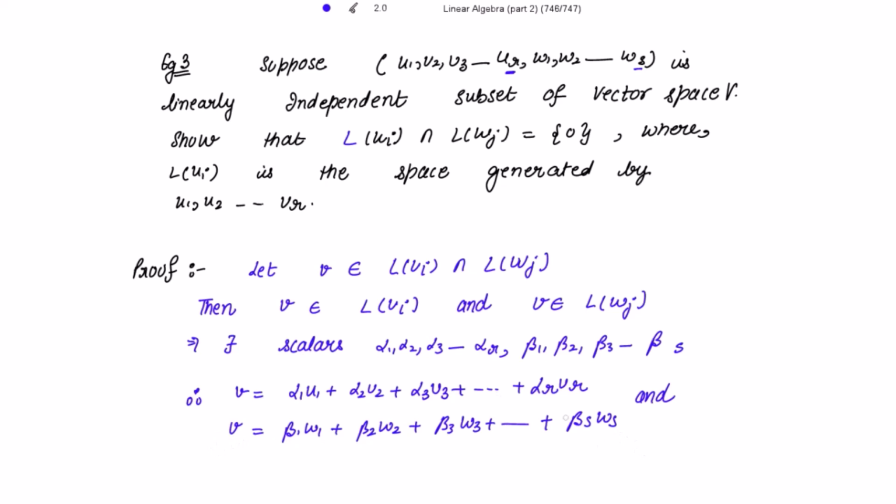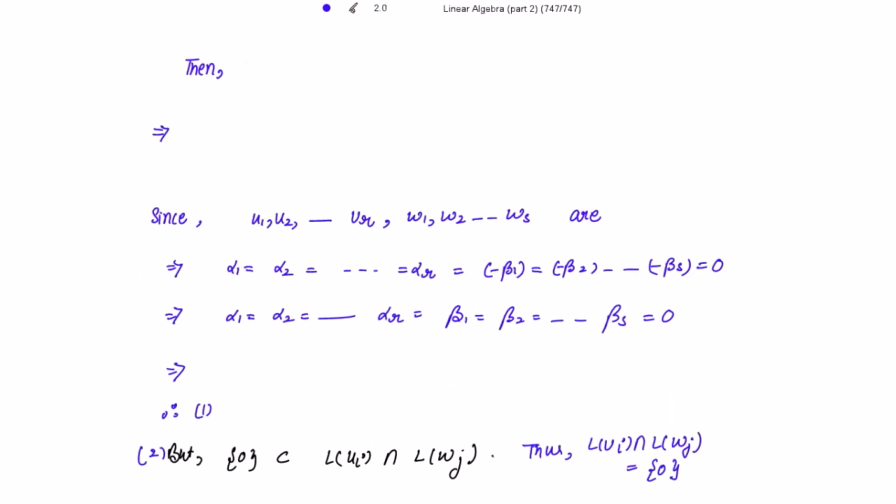Can I write these two equal? So alpha 1 U1 plus alpha 2 U2 and so on up to alpha R UR is equal to beta 1 W1 plus beta 2 W2 and so on up to beta S WS.